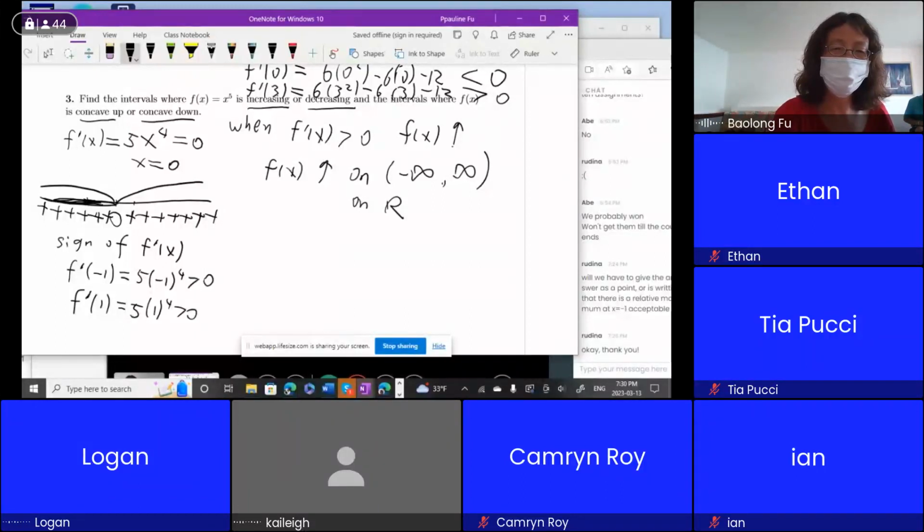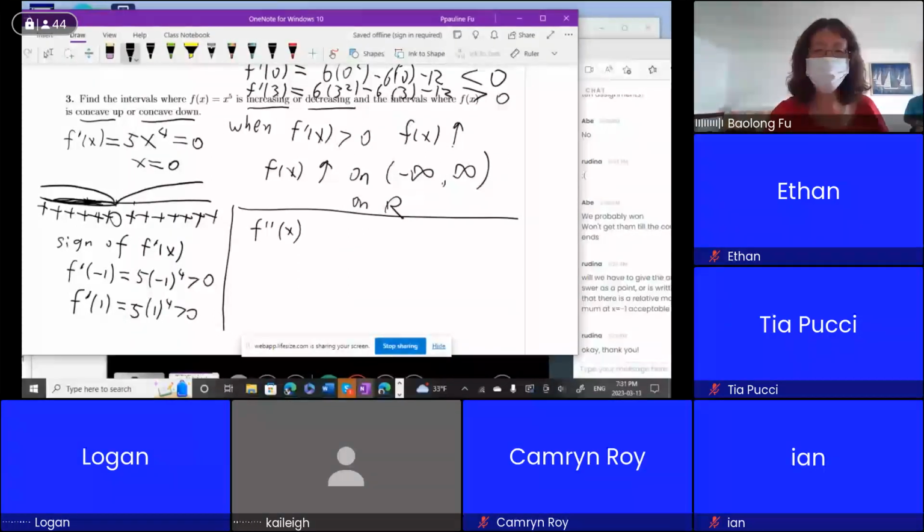Next, we find the concave up and concave down. To find the concave up and concave down, we need the second derivative. You must find the second derivative. So the second derivative is 5 times 4x cubed. Take the derivative of the first derivative, so you get 20x cubed.